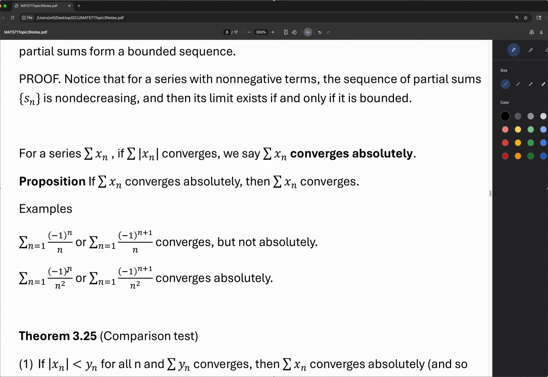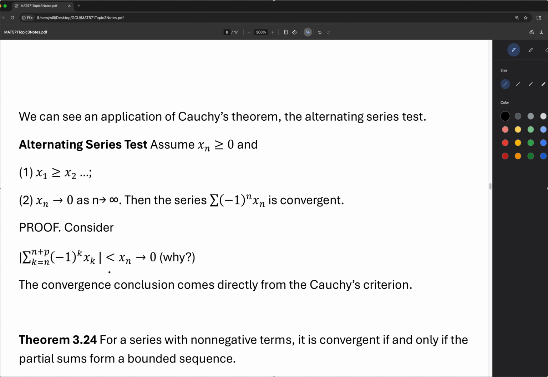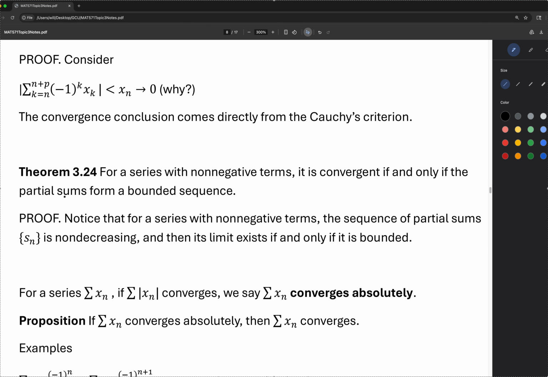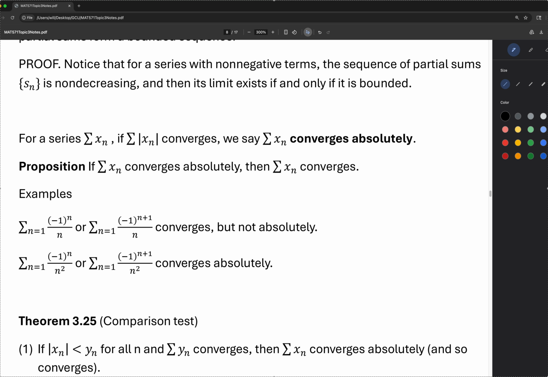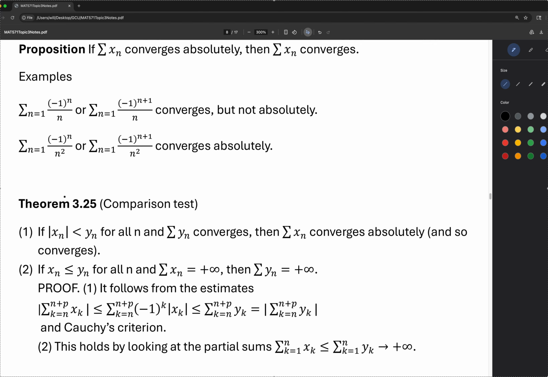When you consider the corresponding alternating series, it converges too, because it does meet the requirement for the alternating series test we just talked about earlier. So for the P series, when p equals 2, it converges absolutely.